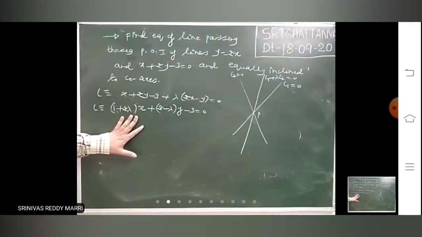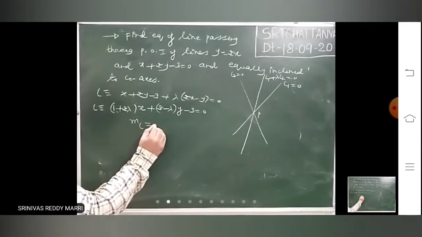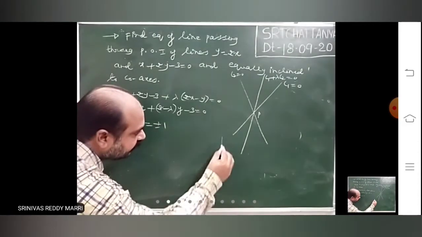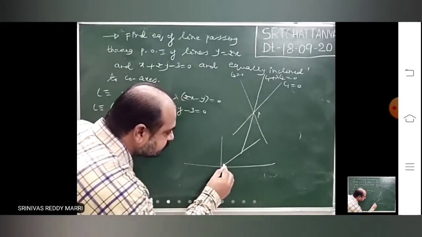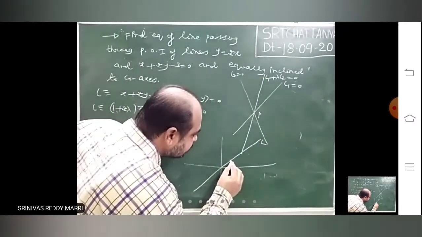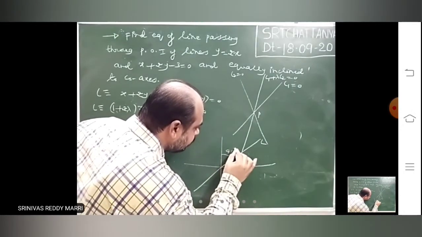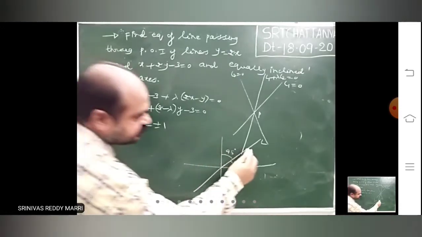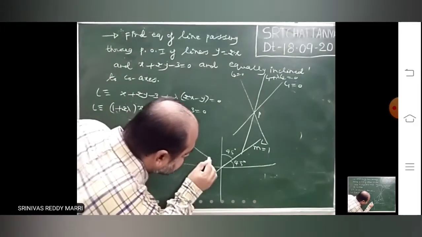This L is equally inclined. That means it makes equal angles with the x-axis and y-axis. Whenever it makes equal angles, the slope will be plus or minus 1. L will be like this, or L will be like this.